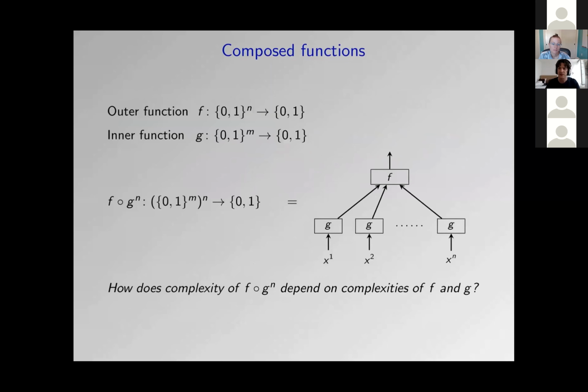Suppose you understand their query complexity completely. Well, what if you composed the two functions and constructed this more complicated object? The composed function looks something like this. You put your f and you replace each of the input variables to it with a copy of g. So you have n copies of g. They are fed disjoint sets of variables. So altogether, the composed function has m times n many input bits.